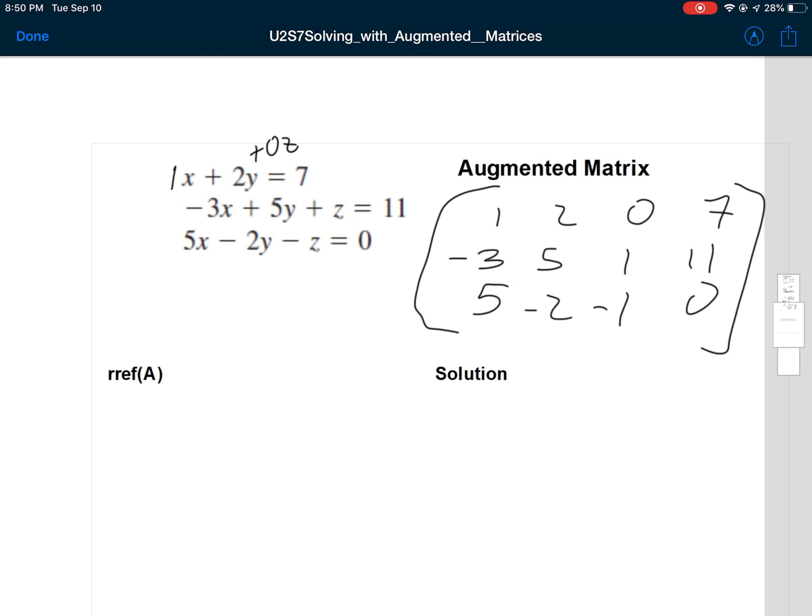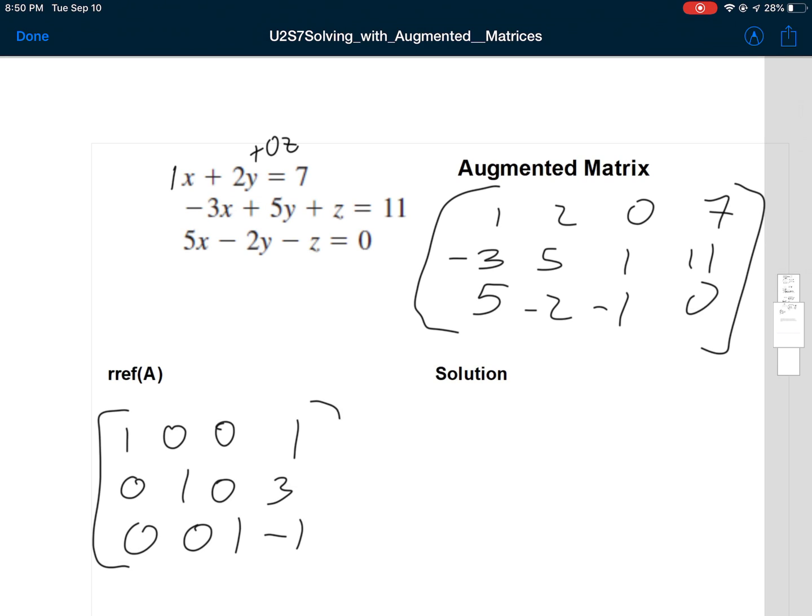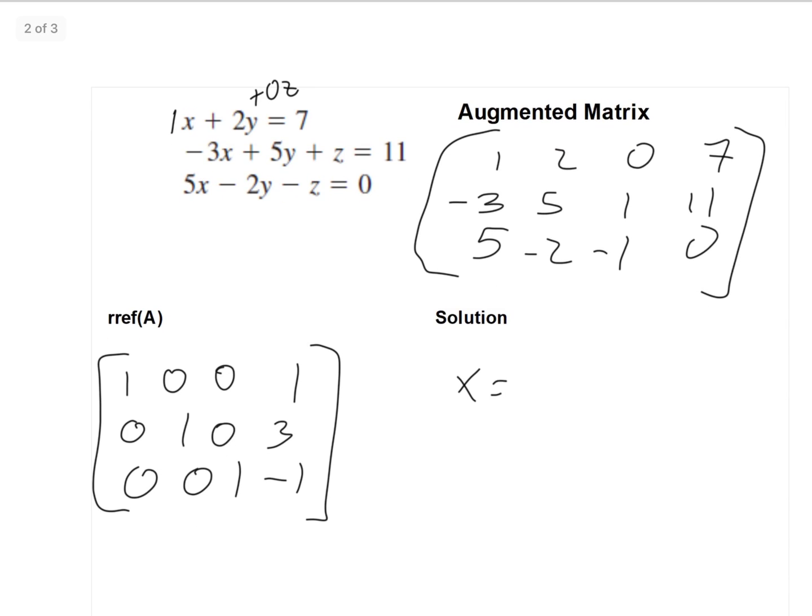There's my augmented matrix, a 3 by 4. Run RREF on your calculator, and you get 1, 0, 0, 1; 0, 1, 0, 3; 0, 0, 1, -1. So your solutions are x equals 1, y equals 3, z equals -1.